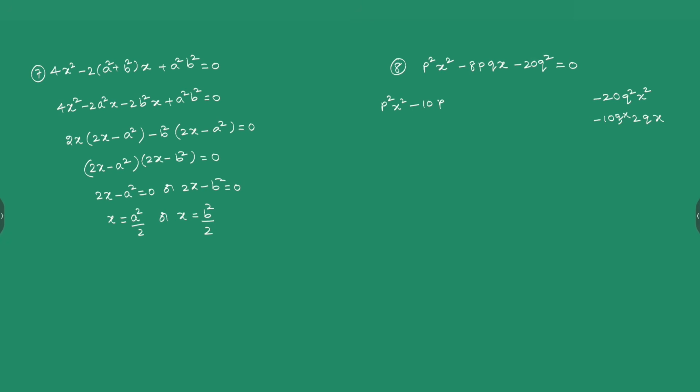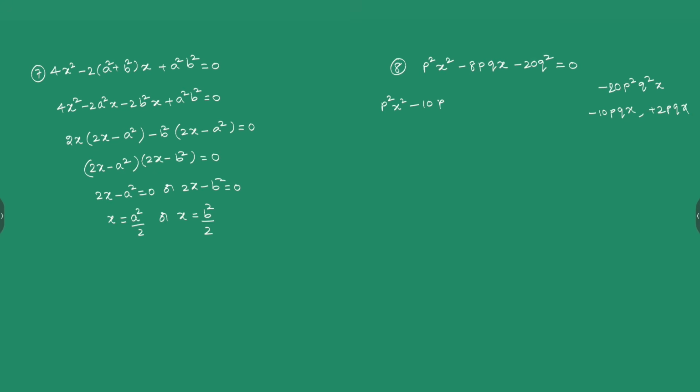Okay, here I have written wrong, this also. It is not only 20q square, it is 20p square q square x. So minus 10pqx plus 2pqx are the factors.